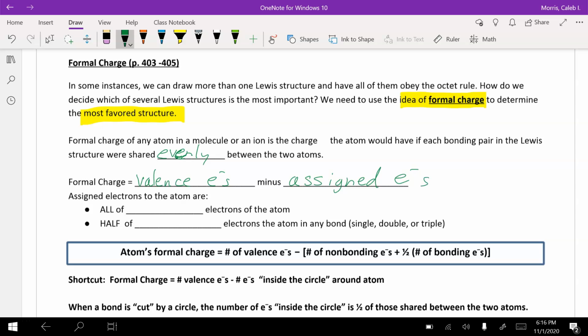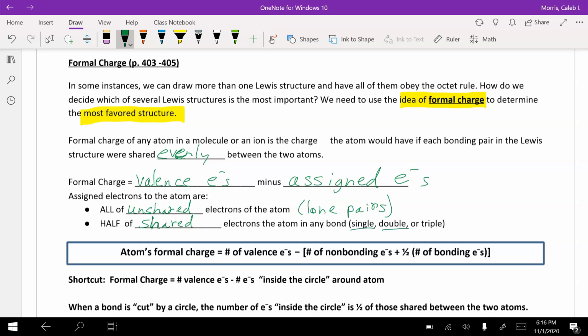Now we haven't talked about assigned electrons before, so let's define that. Assigned electrons to the atom are all of the unshared electrons of the atom, or you could say the lone pairs, and half of the shared electrons in the atom in any bond.